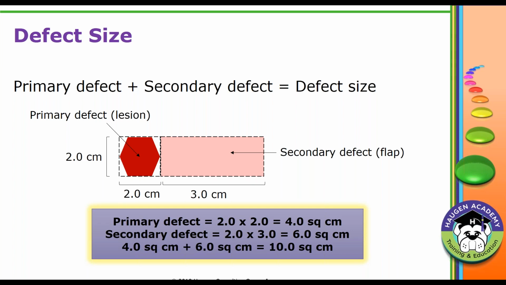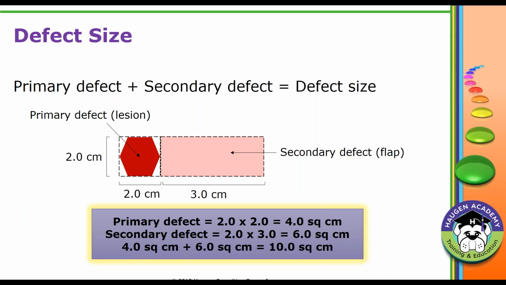So again, it's a little bit different than when we talked about the excision diameter for just our lesion codes. The defect size is what is used for the adjacent tissue transfers, and that's going to be your primary defect area plus your secondary defect area. So some multiplication needed there.